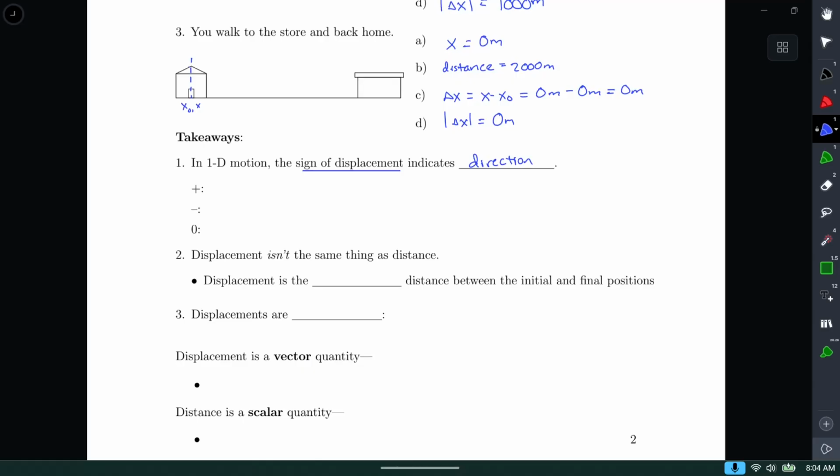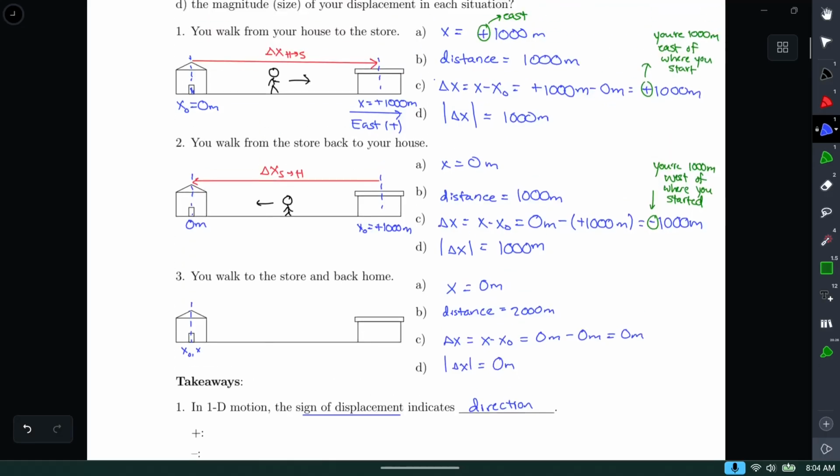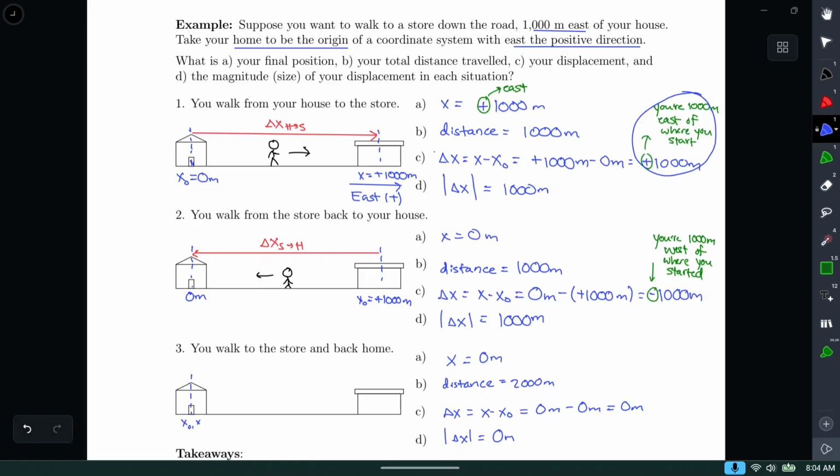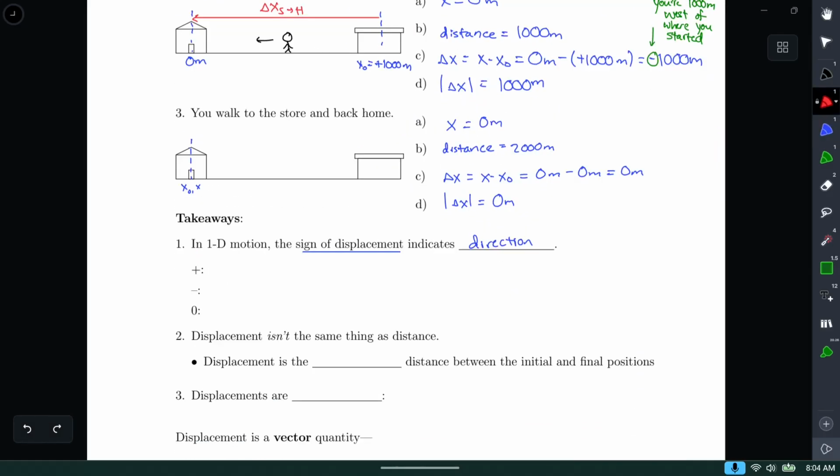It tells me about the overall direction that I moved. So for instance, here, overall, I'm now 1,000 meters east of where I started. That doesn't necessarily mean I didn't do some backtracking in between. And before I forget, I'll put, for this last one, not a very interesting displacement. It was 0. I went this way, and then I went right back the other way.